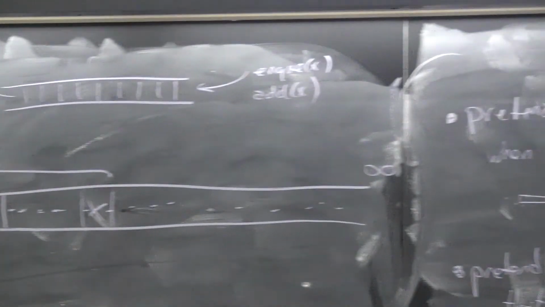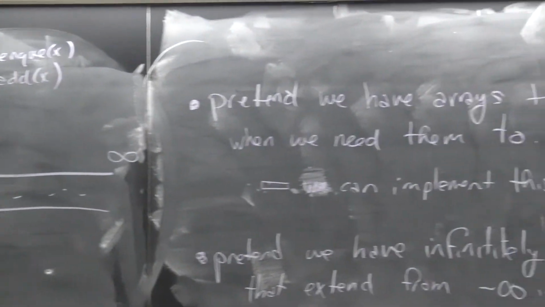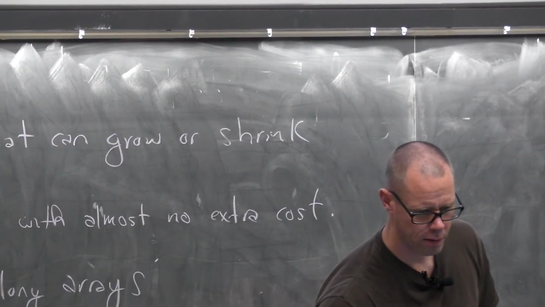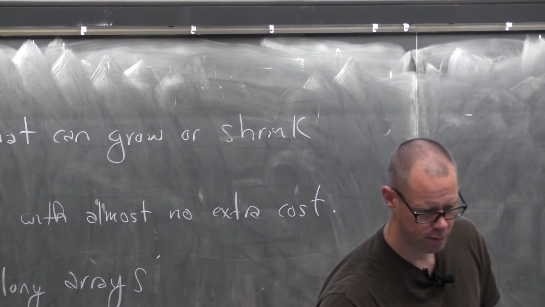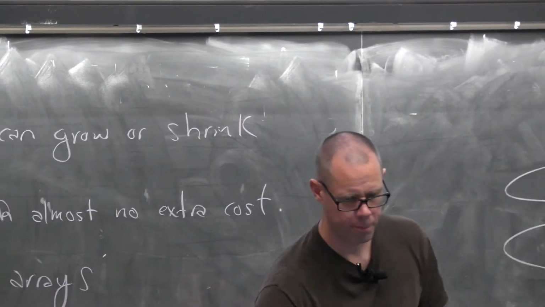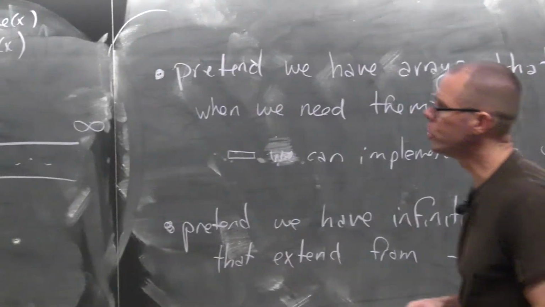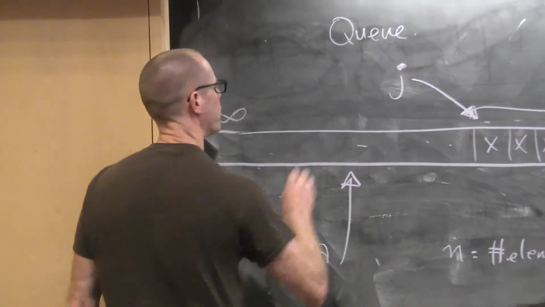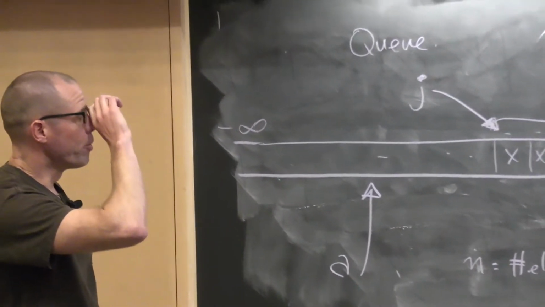I might as well use the same variable name that the code uses. So let's call that thing J. Okay? So that's my representation.